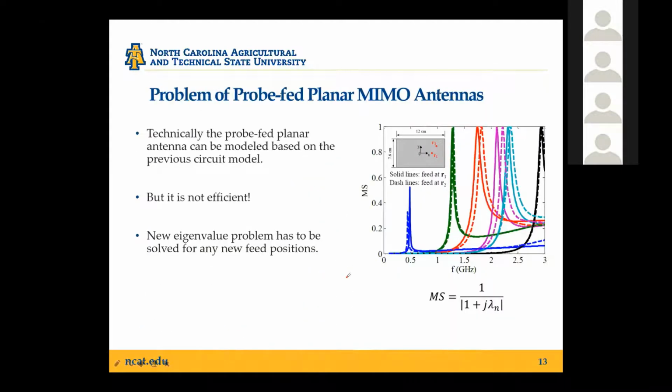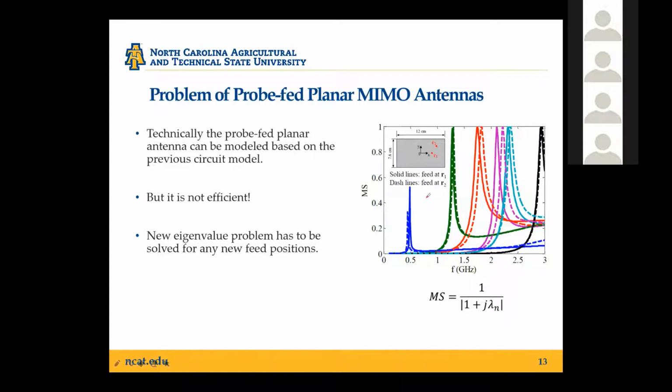But one thing we realized with the patch antenna is that the eigenvalue spectrum actually changes slightly when you move your feed position. For example, in the figure shown on the right, what I showed is the modal significance.